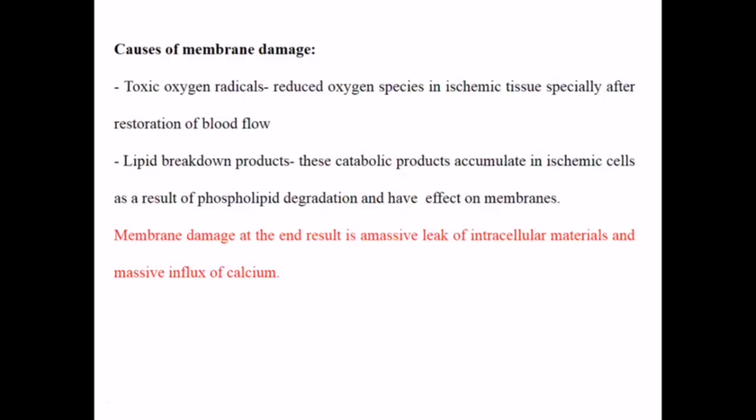Toxic oxygen radicals, also lipid breakdown. Membrane damage at the end results in massive leak of intracellular material and massive influx of calcium. Damage of the membrane leads to calcium influx into the cell and swelling of the cell.